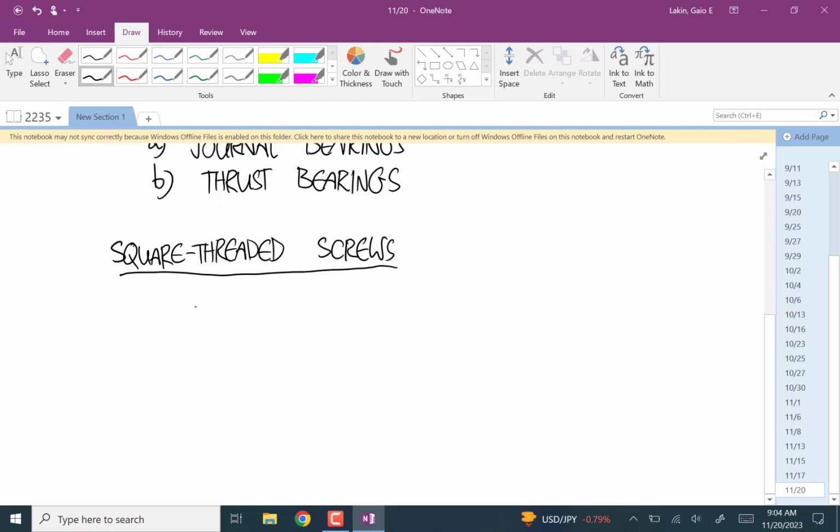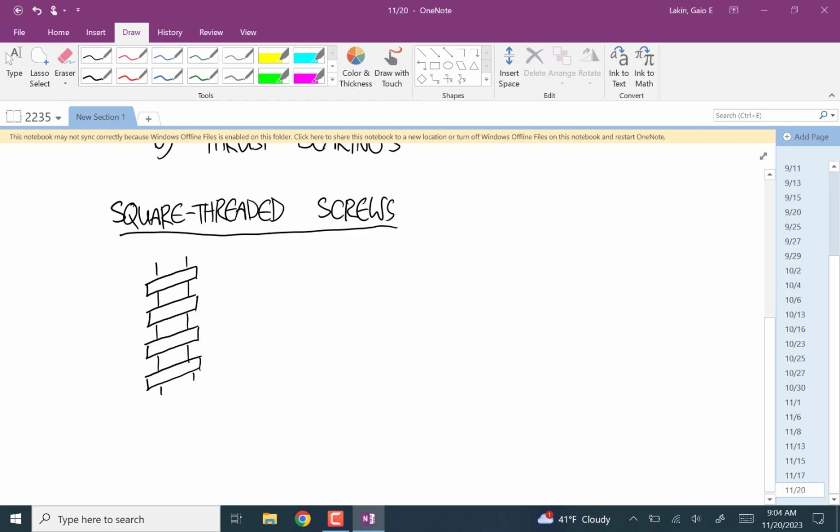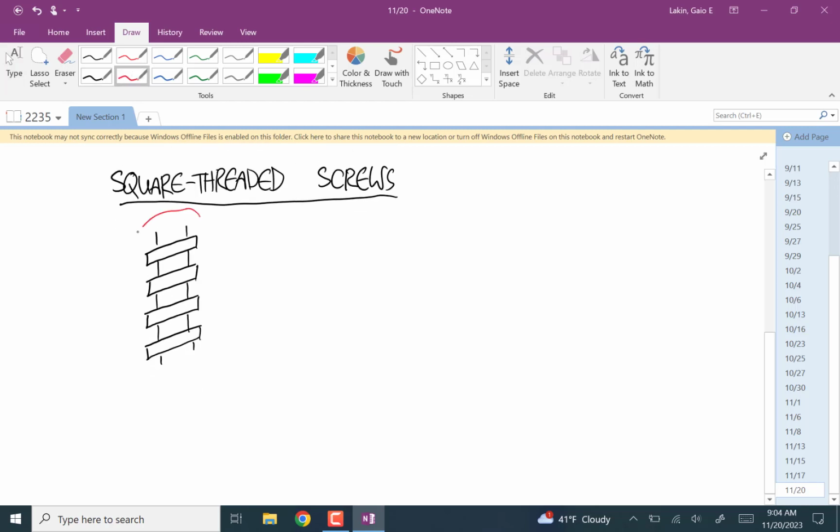And these are screws where the threads look like this. Okay, so this is square threaded screws. These are harder to manufacture than regular screws. Regular screws look like this.